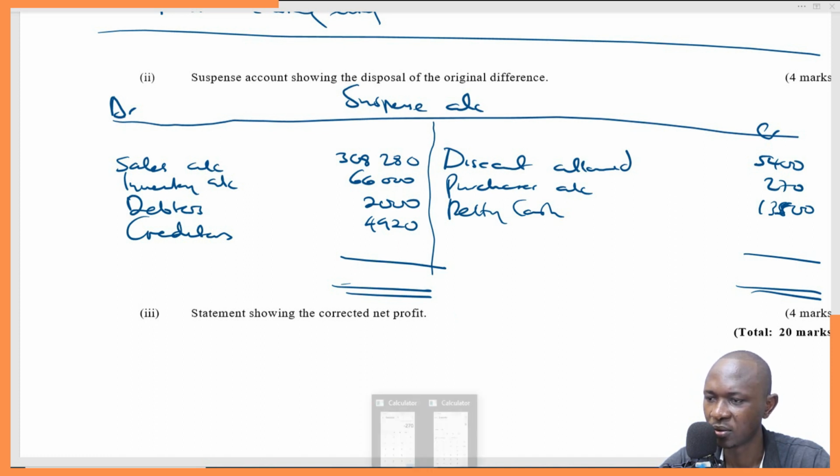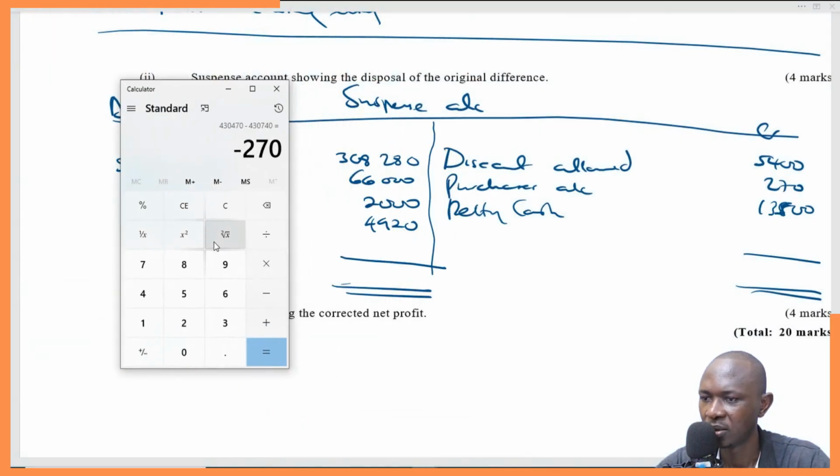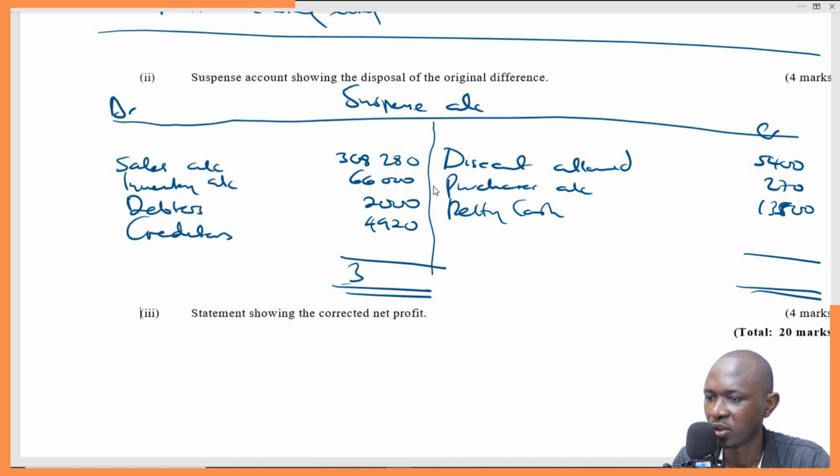So let's get the totals. This will be 308,280 plus 66,000 plus 2,000 plus 4920. That is 381,200. 381,200, and the other side also now, because this figure is definitely the highest one. 381,200.